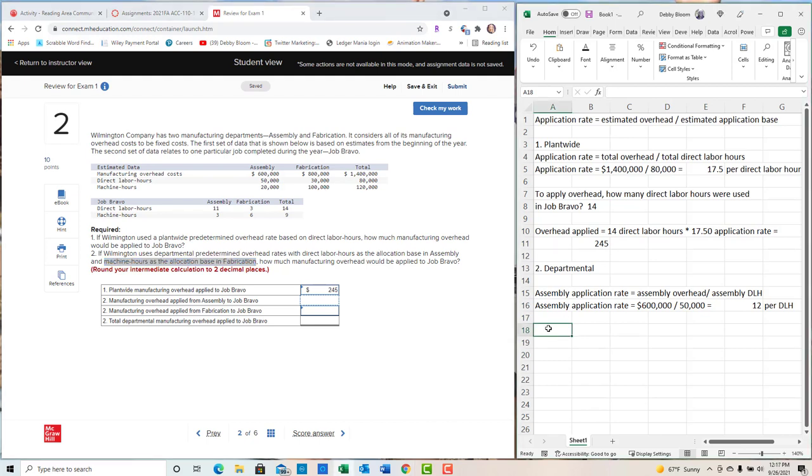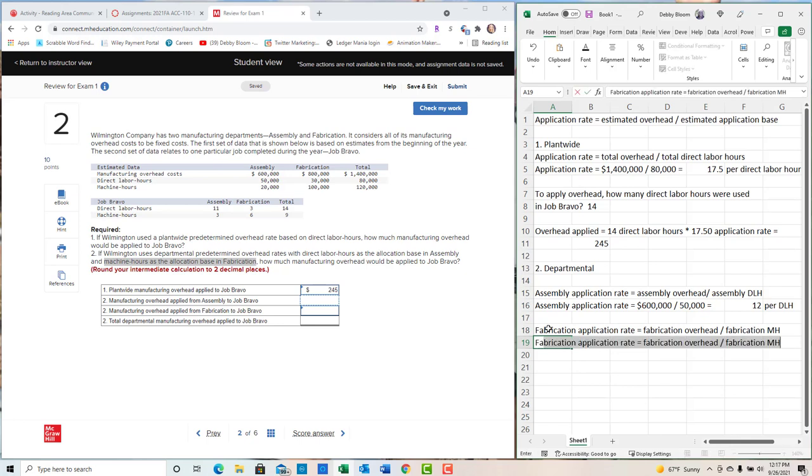So our fabrication application rate is our fabrication overhead divided by our fabrication machine hours.